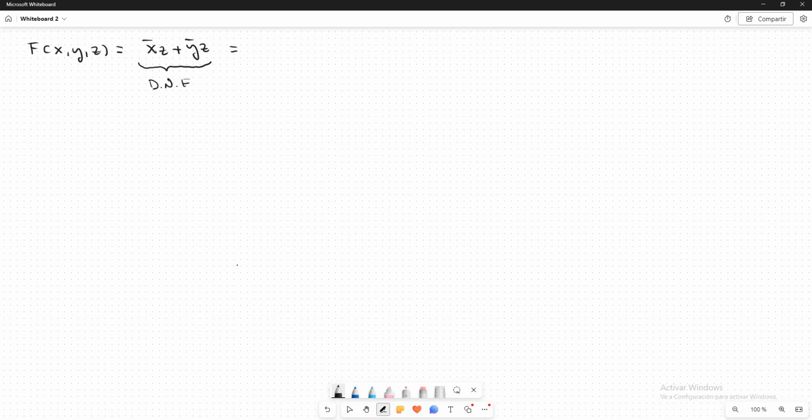We can get the conjunctive normal form, I mean a product of sums, just applying the distributive property. So we have now this, and in this case this is a product of sum terms. So this is a conjunctive normal form.